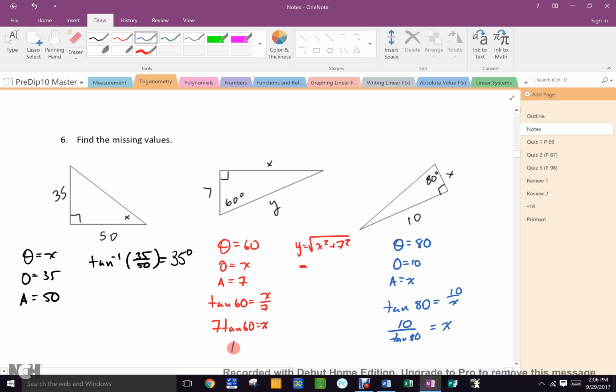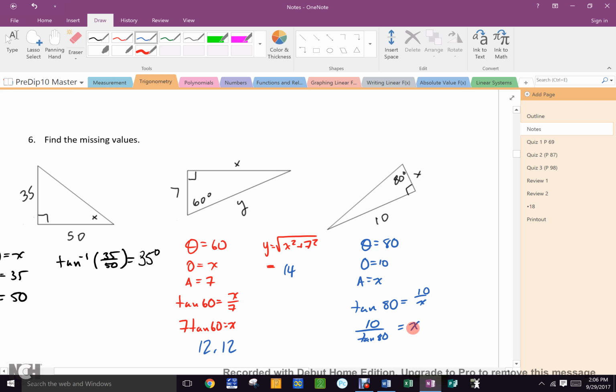Taylor. 12.2? 12.12? And then what is Y? 14. And what is x over here? 1.76. Yes, 1.8. That is correct.